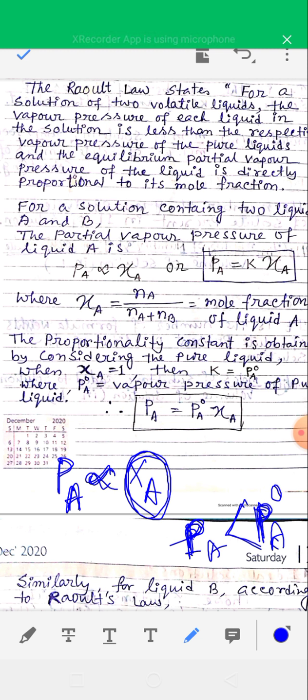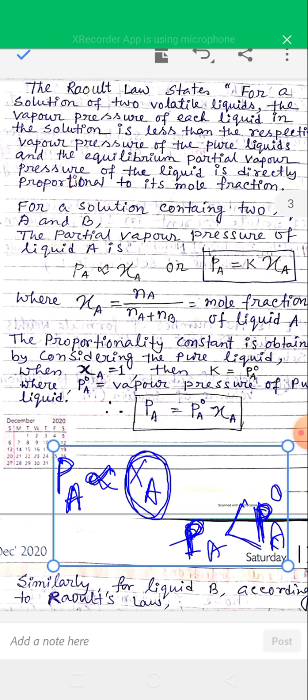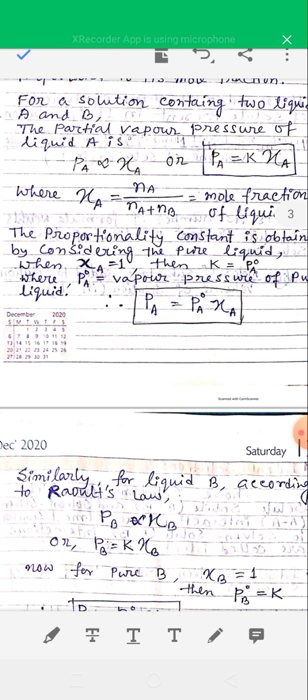Similarly, if the equilibrium vapor pressure of B in solution is Pb and the vapor pressure of pure liquid B is Pb naught, then Pb is less than Pb naught. So the vapor pressure of a liquid in solution is always less than the vapor pressure of the pure liquid.